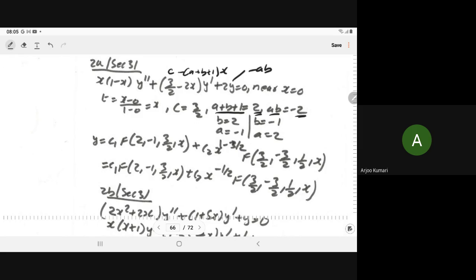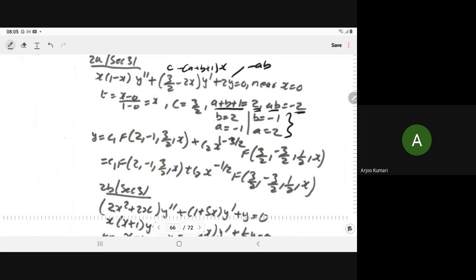So with this, you will get b is equal to minus 1, a is equal to 2, or b is equal to 2, a is equal to minus 1. For both we have the solution, and we know that the hypergeometric function is the same when we interchange a and b. So you will get the same answer for both combinations.